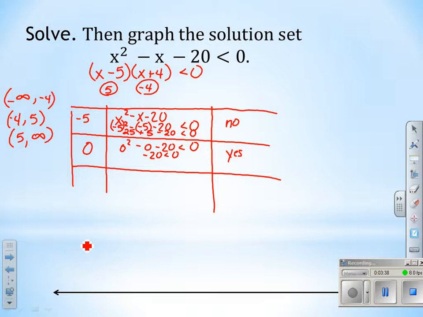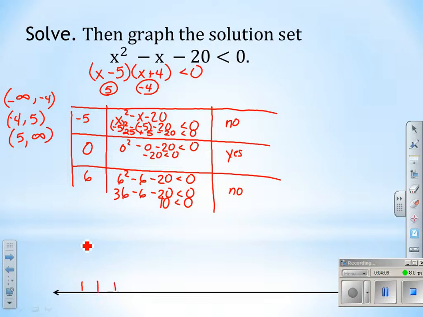Our third interval is 5 to positive infinity, so I'm just going to pick a 6. So 6 squared minus 6 minus 20 less than 0. 36 minus 6 minus 20 is 10, and 10 is less than 0 is not correct. So the interval in which our solutions fell was negative 4 to 5.